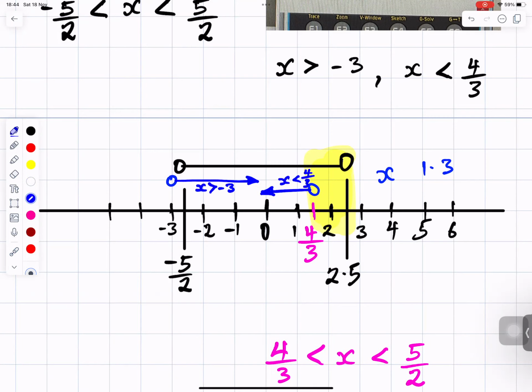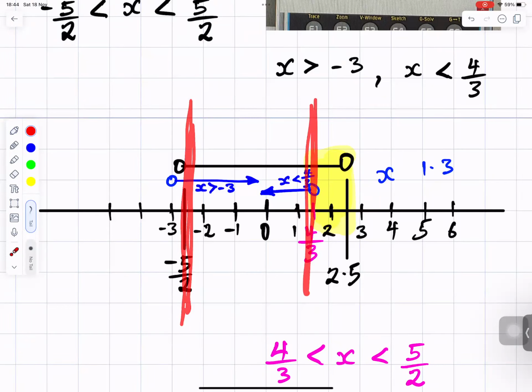And this one is minus 5 over 2 and plus 5 over 2. So where it's common for both of them. If we put this line there, it starts at minus 5 over 2, and it ends at 4 over 3, because all of them are common.